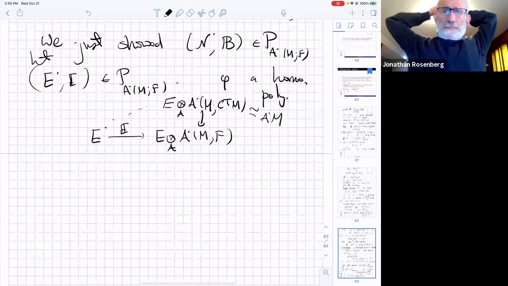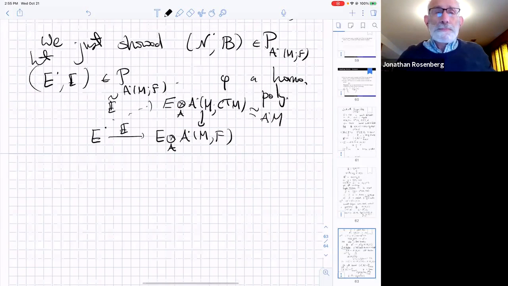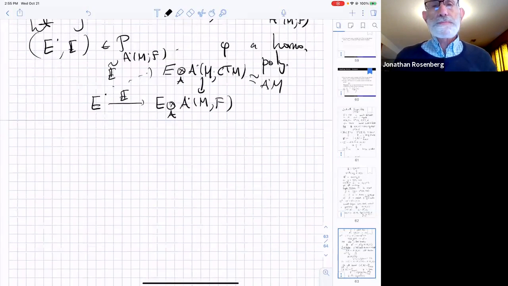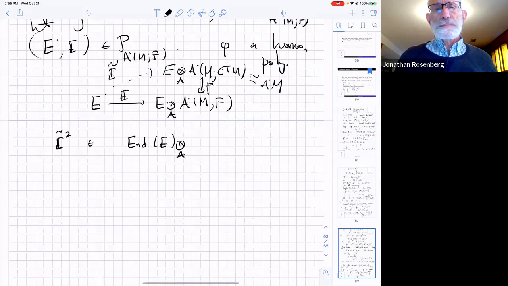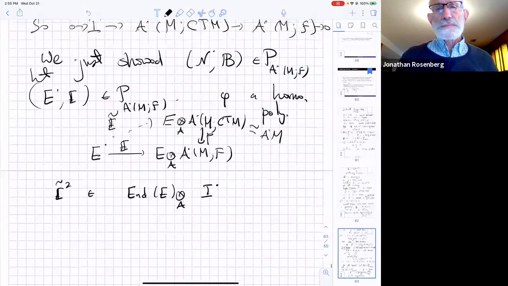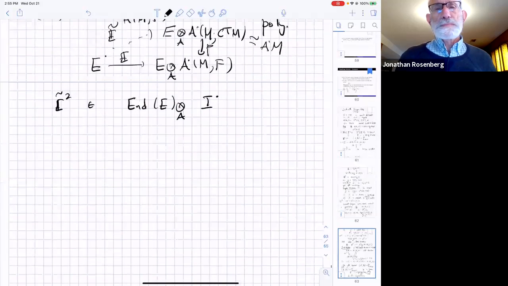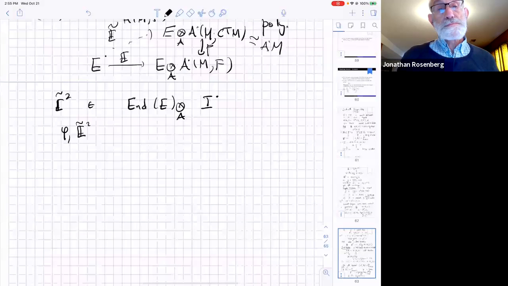And I just want to pick a lift of this. So E twiddle is a lift of this connection, of the Bott connection. And the same thing happens. E twiddle squared ends up being in the endomorphisms of E tensor over A with the ideal that I just mentioned up above. And therefore, phi paired with this E twiddle squared is really in I dot.